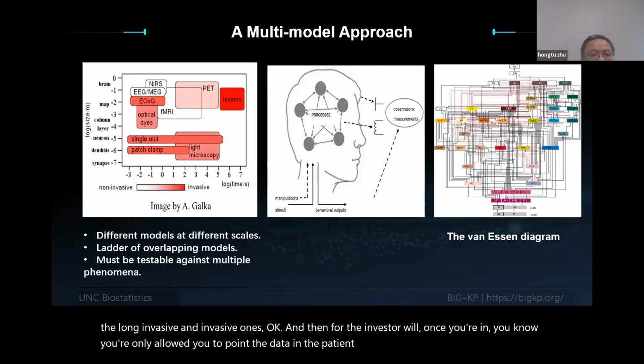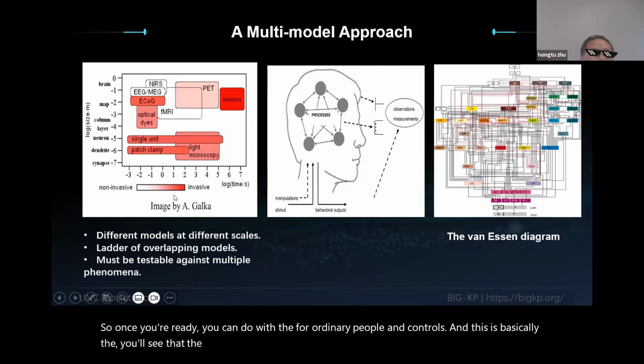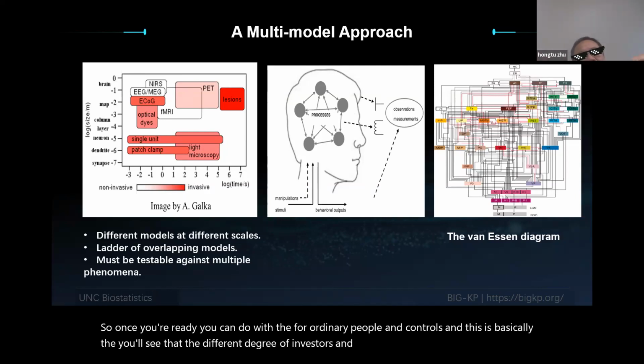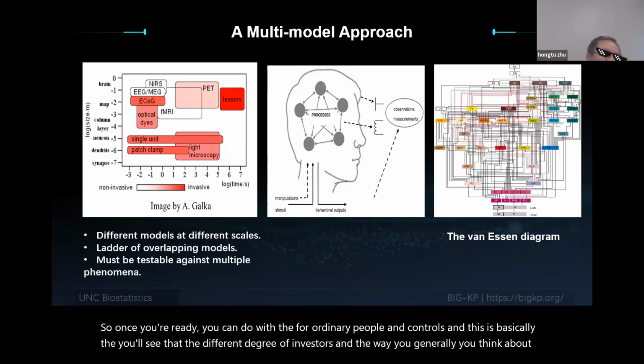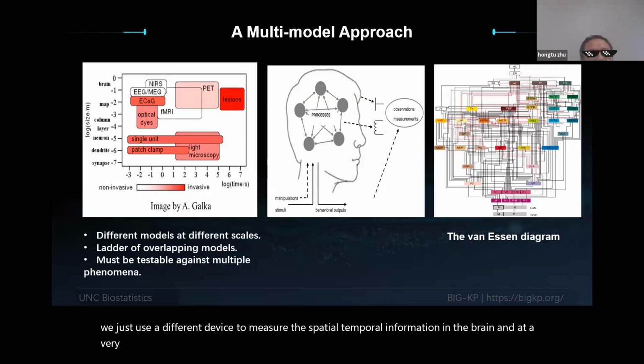But for the non-invasive ones, usually you can do it for ordinary people, controls. And you'll see the different degrees of invasiveness. In general, we just use different devices to measure the spatial temporal information in the brain, okay? At very different resolutions.